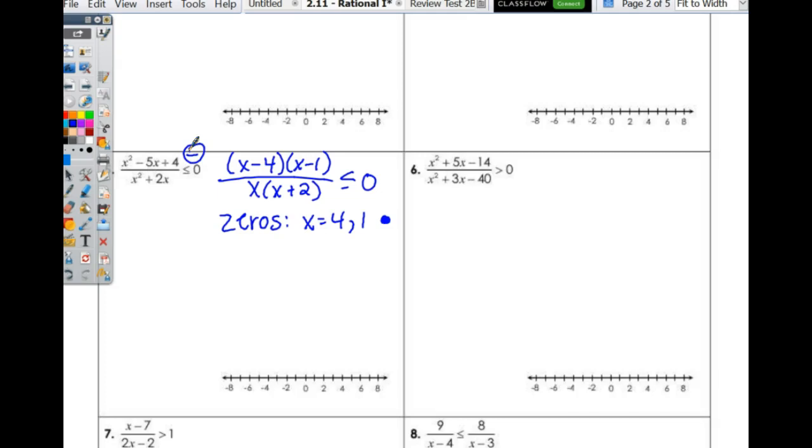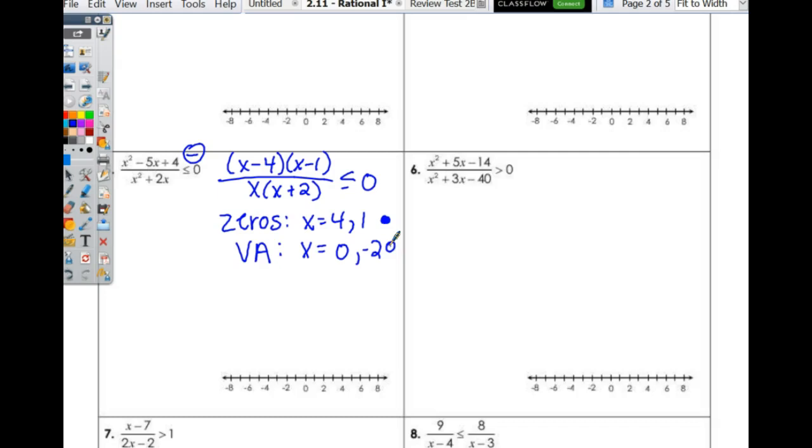So I have -2, but I think somebody else said 0. So we get both of those. So my vertical asymptotes are 0 and -2. And what happens to all vertical asymptotes no matter what the sign is? Open circles. So on the number line, the vertical asymptote always gets the open circle, and the 0 this time gets a closed circle.